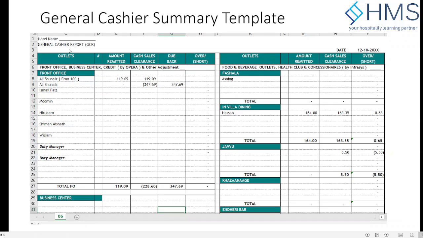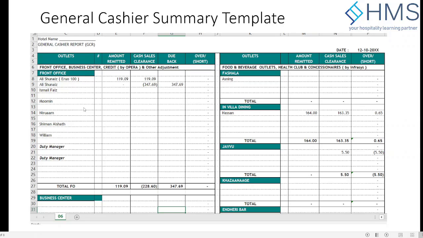The general cashier on a daily basis has to submit a report back to the income audit, and what they do is look at every person: how much is the amount remitted in the envelope, how much was the cash sale from the system, what is the due back. If they have paid something, it will come as a due back, and if there is any shortage or excess from the amount that they have remitted from the system.